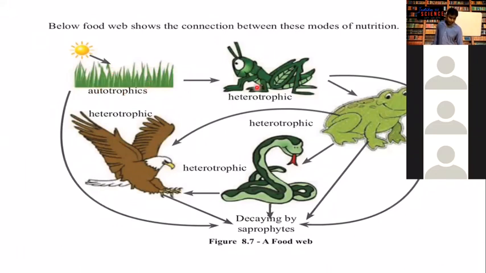This is a heterotrophic organism, right? But these heterotrophic organisms also indirectly depend on photosynthesis, because if green plants produce food, only then heterotrophic organisms depend on them. If the process of producing food is interrupted, then there is no food supply for the heterotrophic organisms.